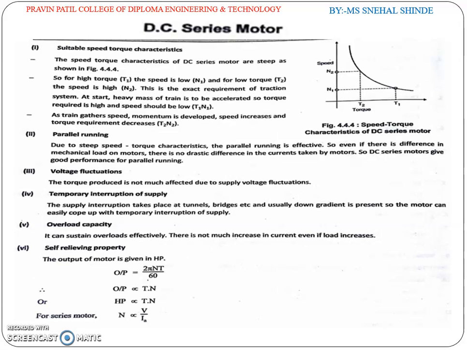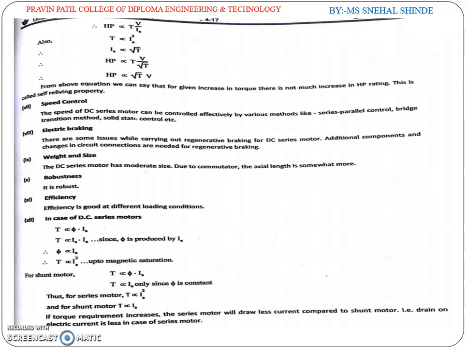For the series motor, N is proportional to V divided by Ia. So next we will see, HP is proportional to T into V by Ia.